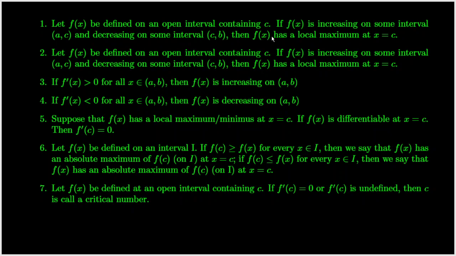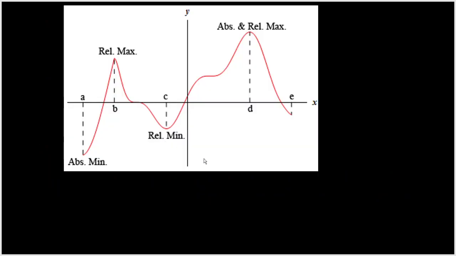Look at item number 1. In item number 1, we are trying to define what we mean by a function having a local maximum at some number. Look at the graph.